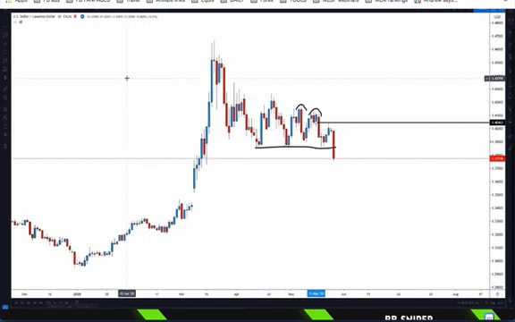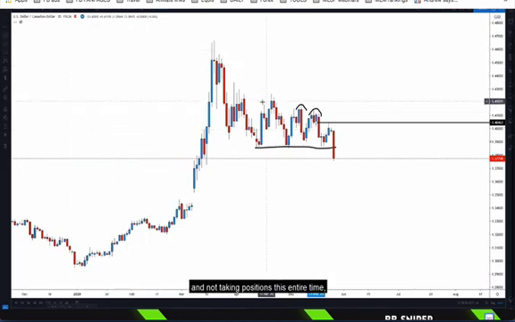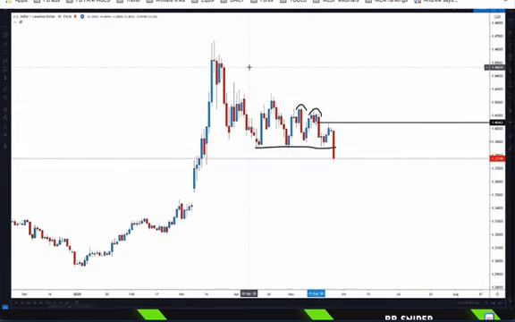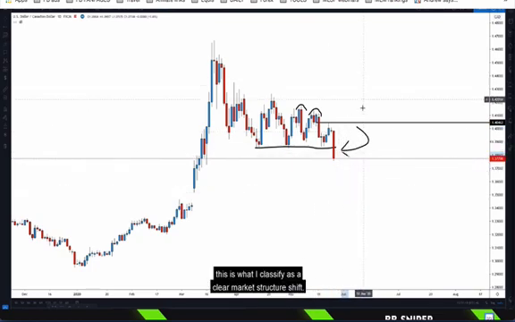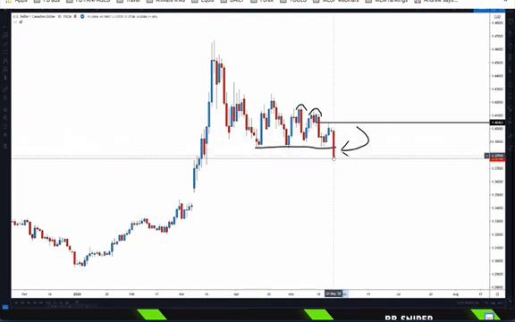Even by waiting and not taking positions this entire time, if you didn't feel confident, if you didn't have confirmations, if you simply weren't trading at that time and you're just now looking at this example, this is what I classify as a clear market structure shift.